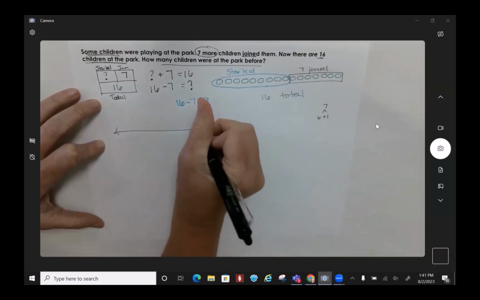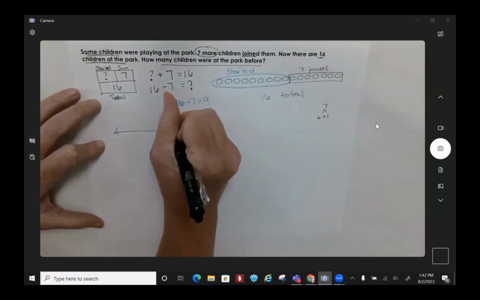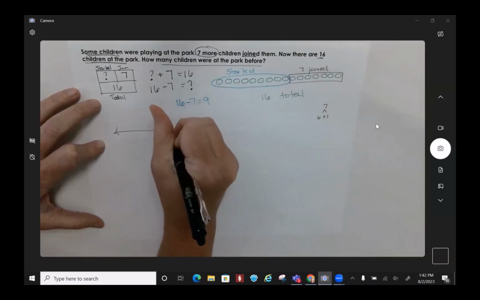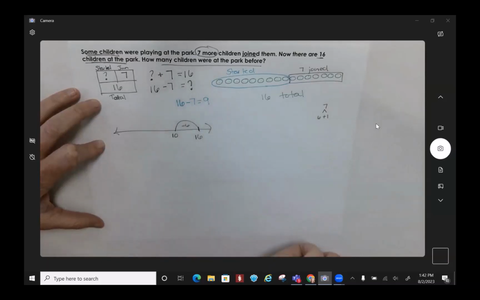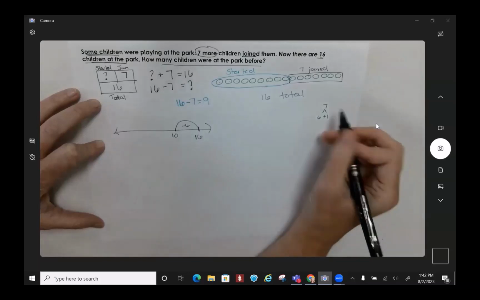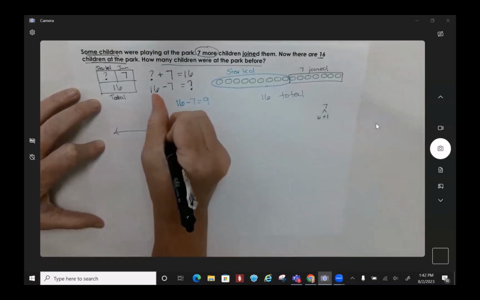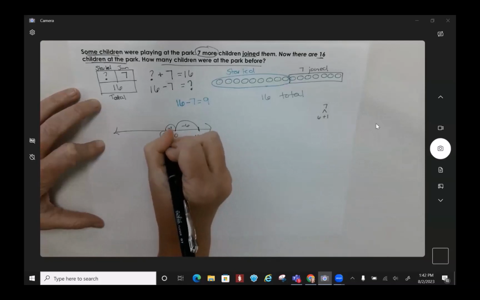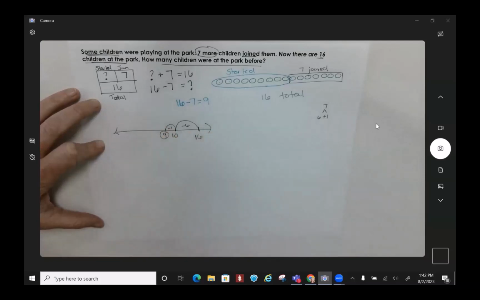So I know 16 minus 6 gets me to 10. And then I'm going to subtract 1 more. And that has me landing on the number 9, which is how many students began in the park.